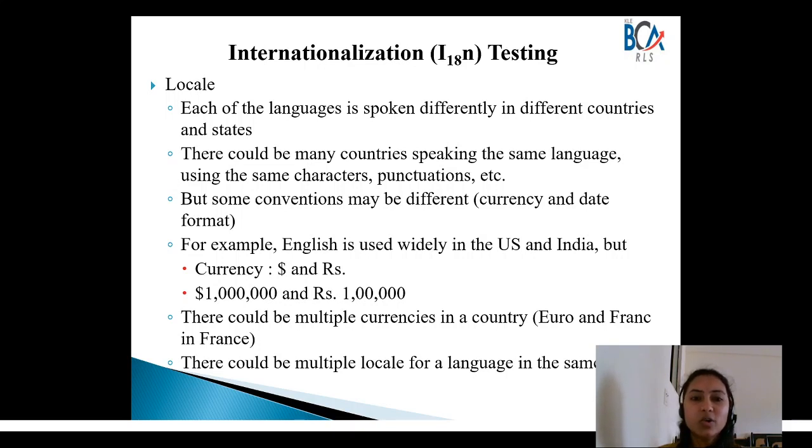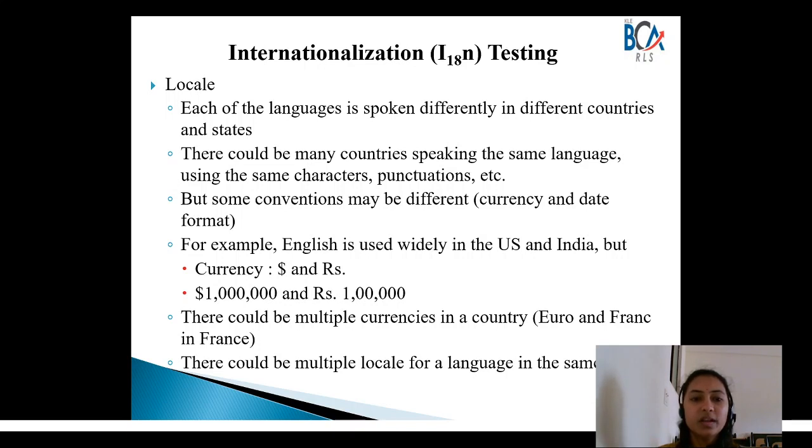There could be many countries speaking the same language, but the characters and punctuation vary again according to their specific local language. Some of the conventions may also be different, like currency and date format.